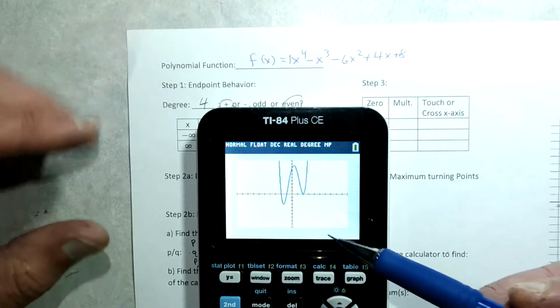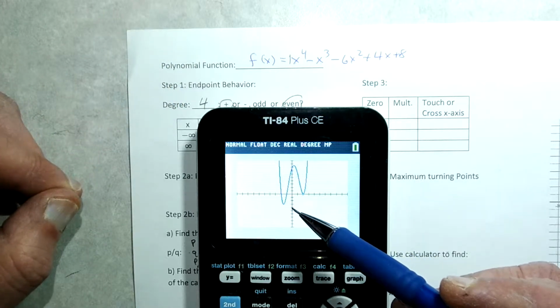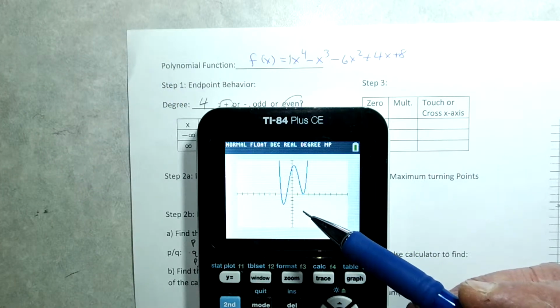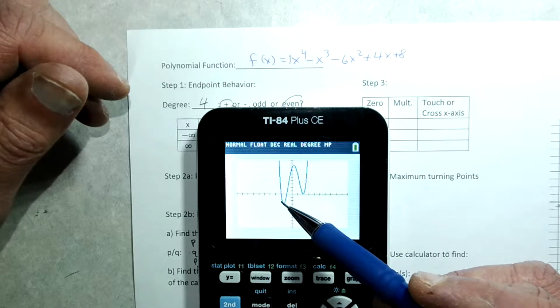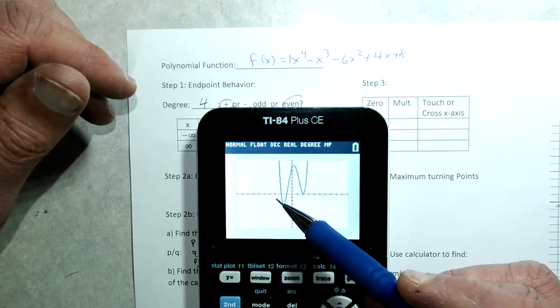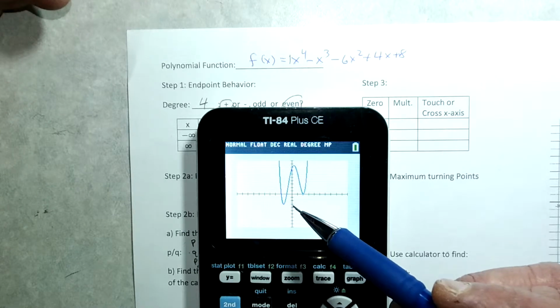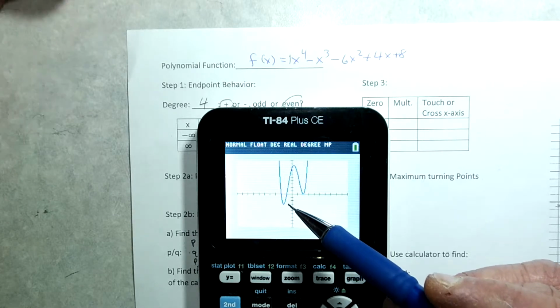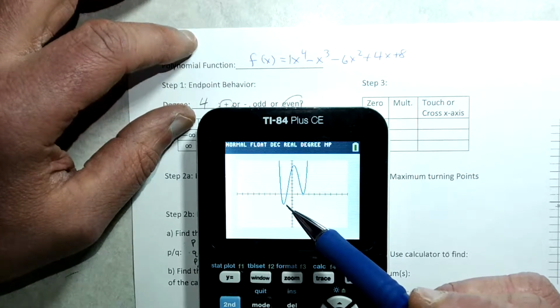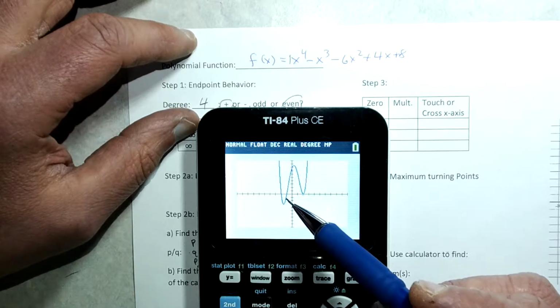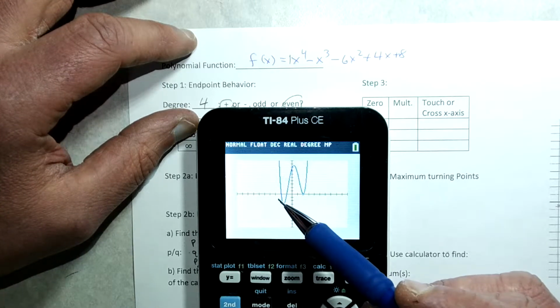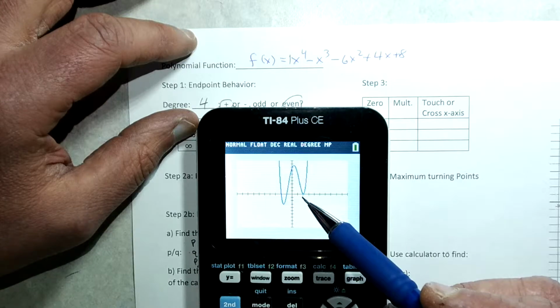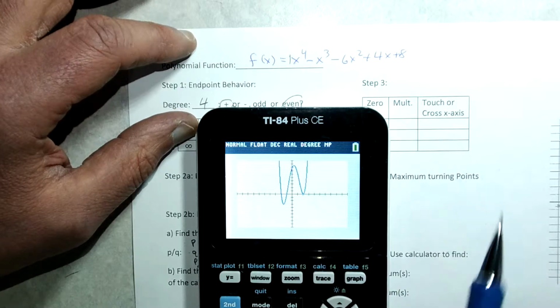So let's see if we can find at least one of the rational zeros from the list, if there are any. Sometimes our real zeros, our x-intercepts, are all irrational. But in this particular case, it looks like this is crossing at -2 and -1, and also touching at 2.